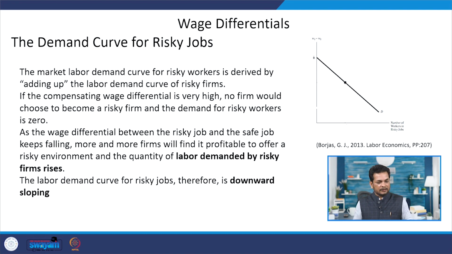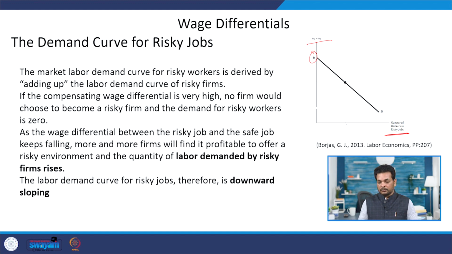Now, as I said, the market demand curve for the risk jobs is derived by adding up the labor demand curves for the risk farms. If you look at this graph, on the x axis we have taken the number of workers employed in the risk job, and on the y axis we have taken the wage differential between this risk job and the safe job, and this theta hat is the maximum point.